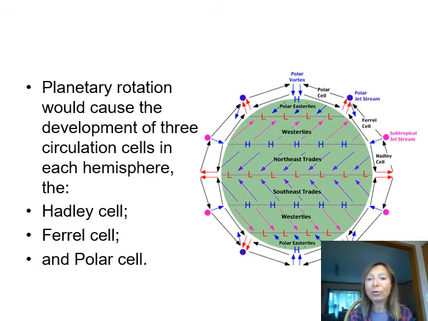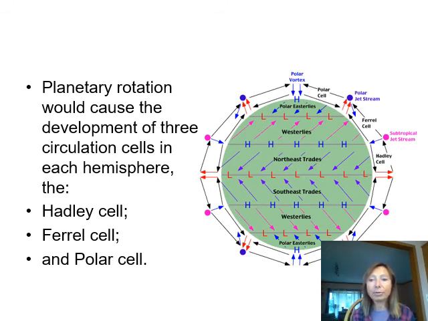We have the northeast trades in the northern hemisphere and the southeast trades in the southern hemisphere. So this is that movement from the high pressure going back to the equator as a part of the Hadley convection cells, deflected by the Coriolis effect.